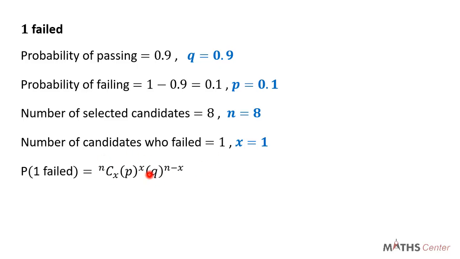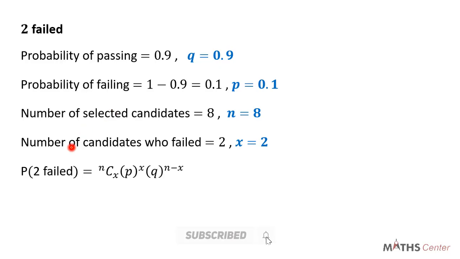We will substitute that information here. You have 8 combination 1, 0.1 exponent 1, 0.9 exponent 7, and this gives us 0.3826. So the probability that one candidate failed is 0.3826.